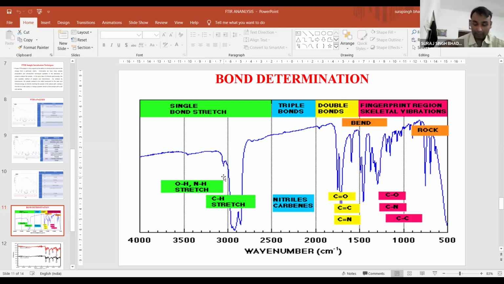So what is the importance of this type of spectra in our homeopathy? Generally our mother tinctures are alcoholic based. Our dilutions are generally alcoholic based. So you can see this O and H bond, the nitrogen and hydrogen bond, this type of stretching is commonly seen.